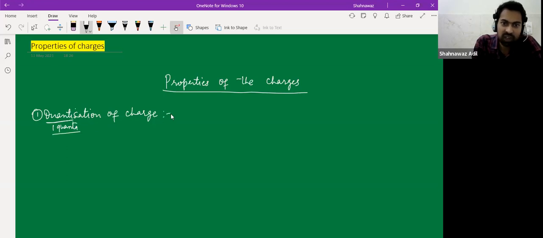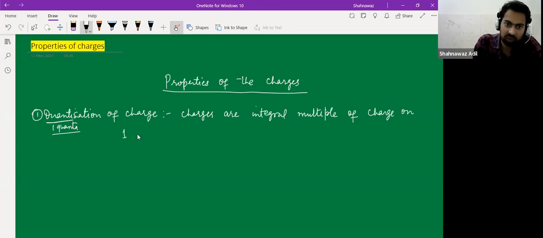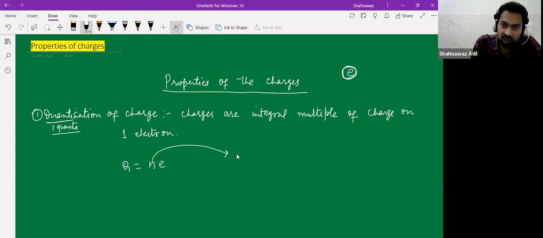So quantization of charges means that charges are integral multiples of the charge on one electron. The smallest charge that a material can have is e, and that is called one quanta. The total charge of a material would be n times e, where n represents some integer.